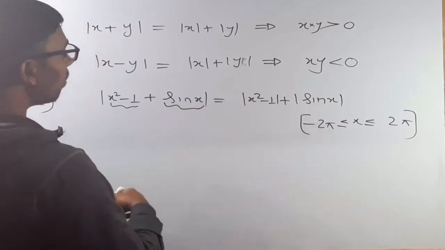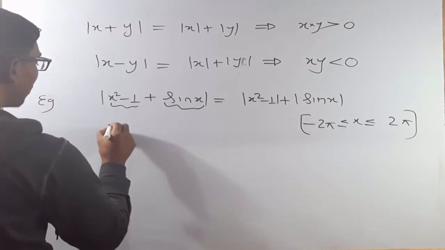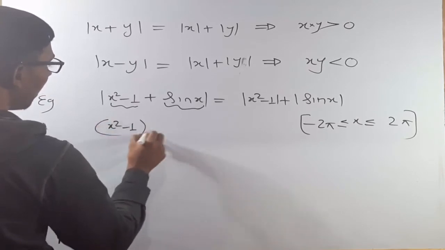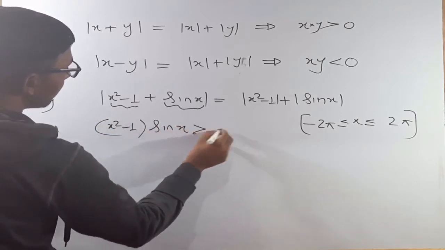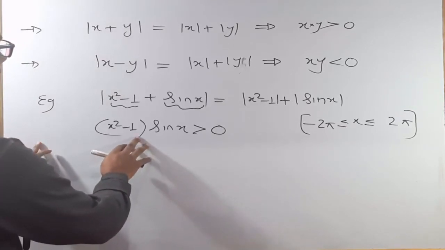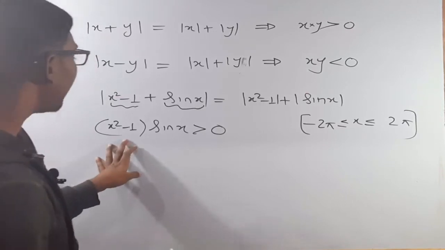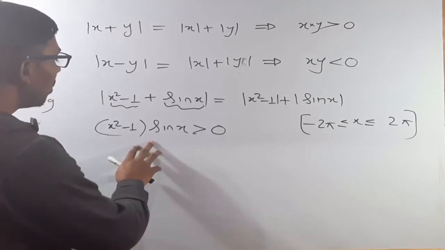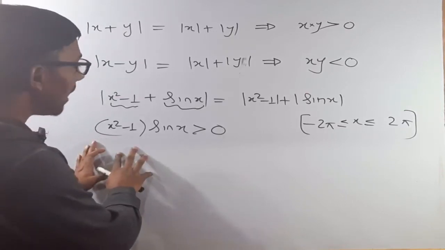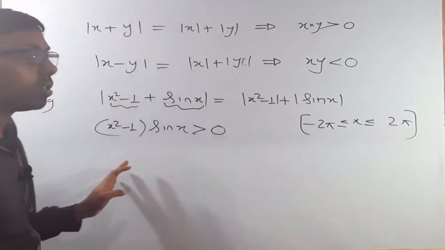So with the property of the modulus function, x square minus 1 multiplied by sin x should be greater than or equal to 0. So we need to solve this inequality so that we can find the values of x, and after getting the values of x we need to collect only those values which lie between minus 2 pi and 2 pi. So this is very easy.